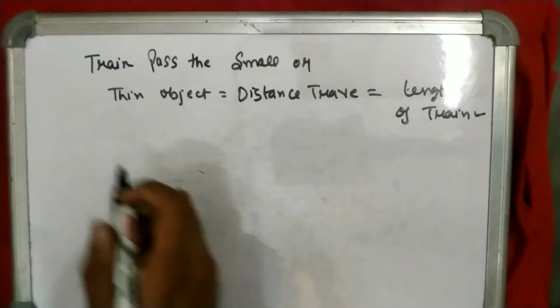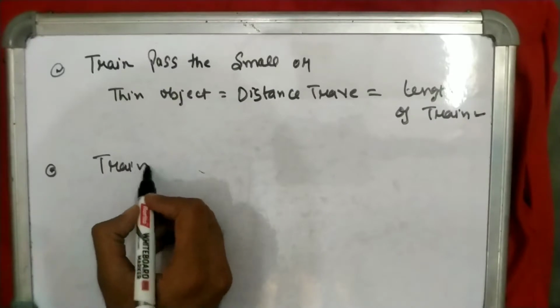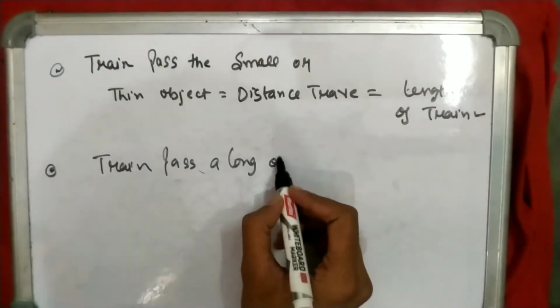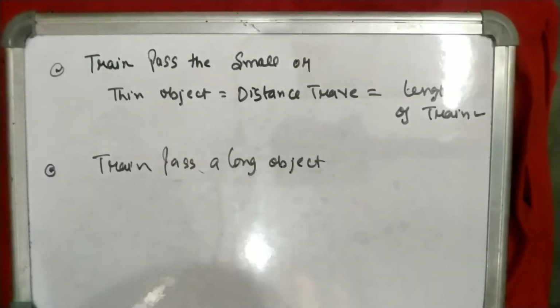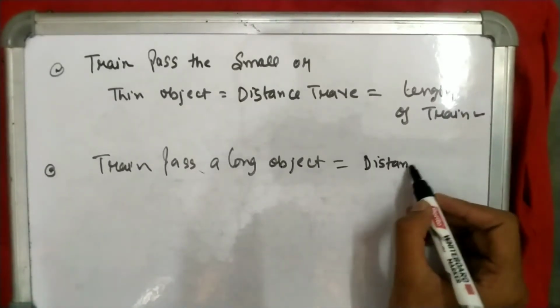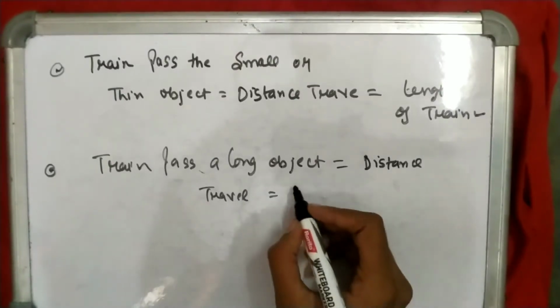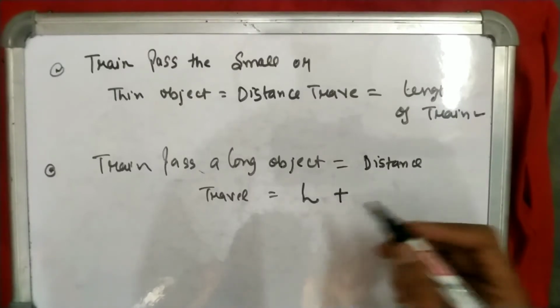But when a train passes a long object, long object means like a platform, a bridge, whatever, the distance traveled by the train is equal to the length of the train plus the length of the long object.